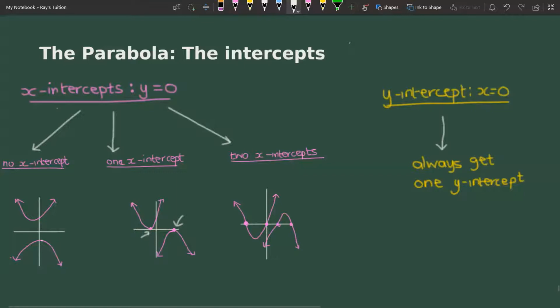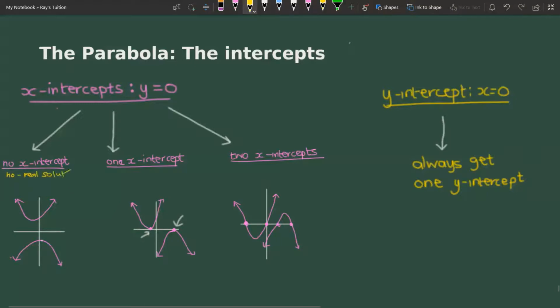One more thing to point out is that whether it has no root, one root, or two roots would be covered in the nature of the roots. So in the video of the nature of the roots, no X-intercept corresponds to when there are no real roots, no real solution.